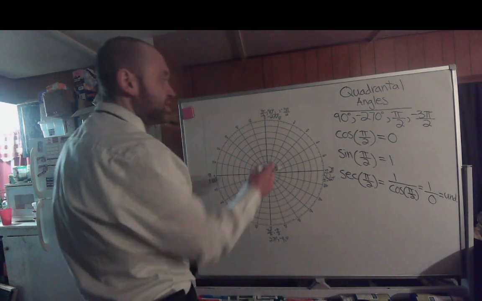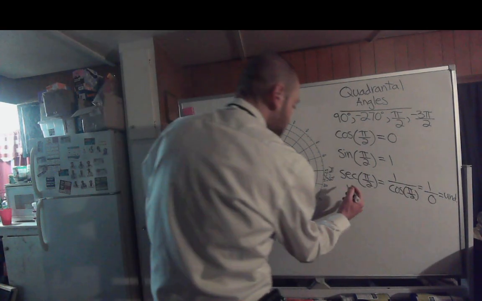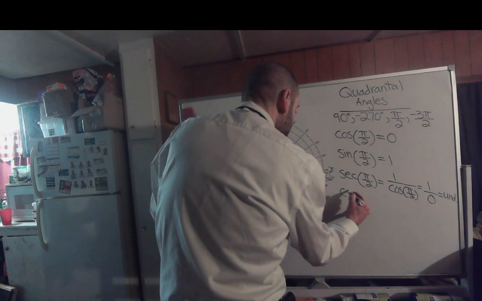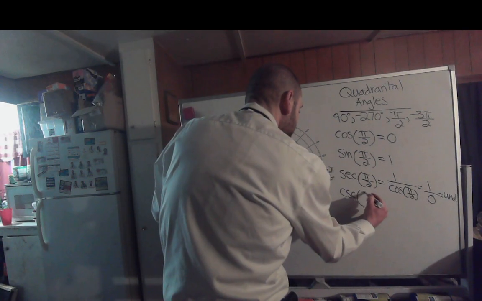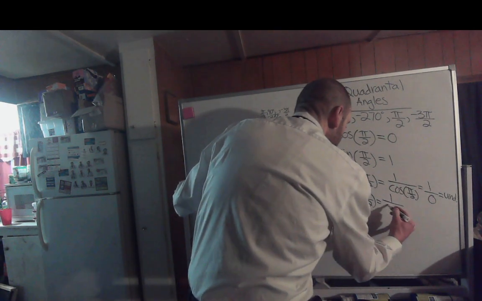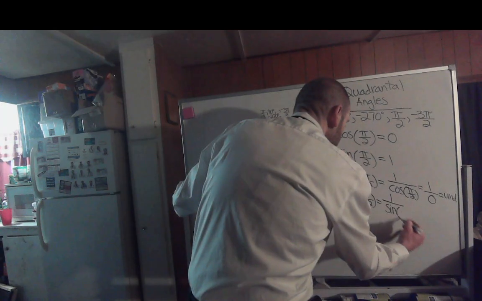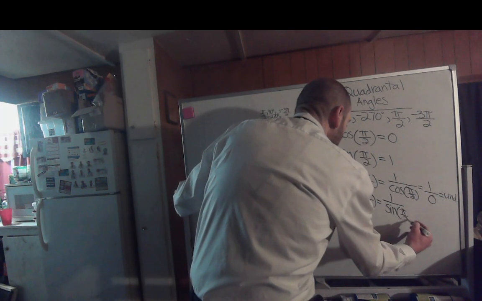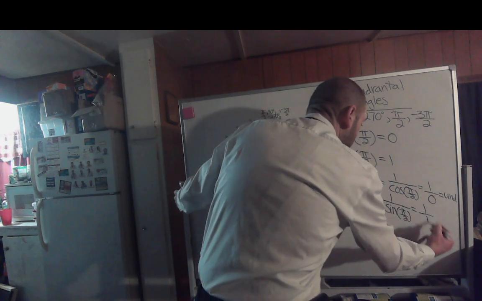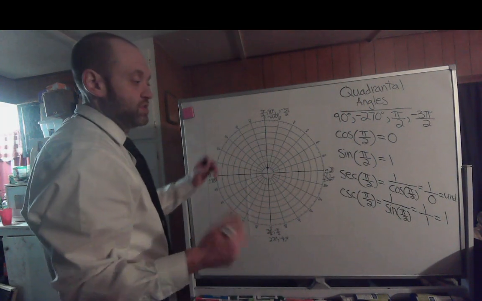Now, what about the cosecant at pi over 2? That's going to be the same as 1 divided by the sine of pi over 2, which would be 1 over 1, which means your cosecant has a value of 1 at pi over 2.